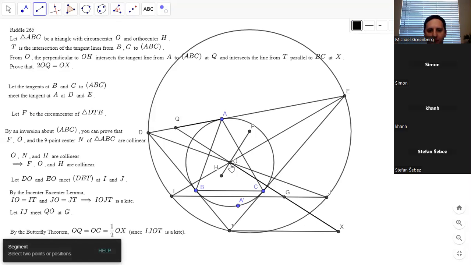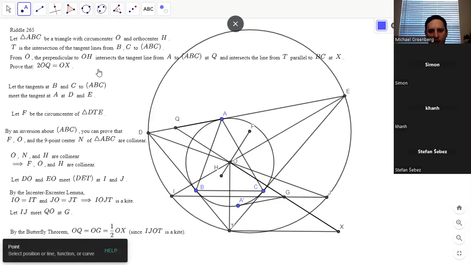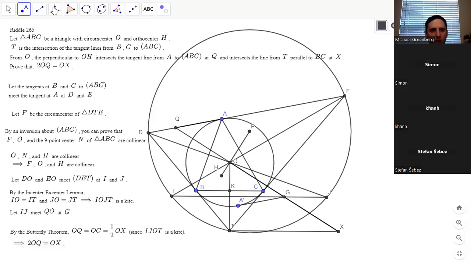Yes. So we now will take inversion about the in-circle. And you could just invert points T, X, and G about the in-circle. So T goes to the midpoint of BC. Exactly. X goes to the intersection of the perpendicular from midpoint of BC to OG.